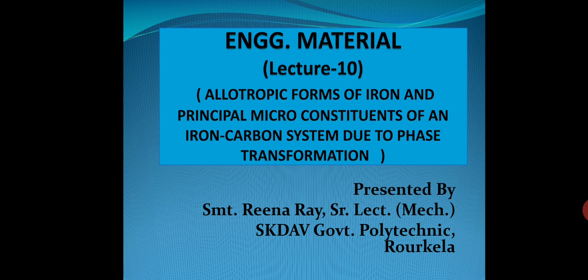What is an allotropic form? A material can exist in many phases, and due to these allotropic forms, various micro-constituents result during phase transformation. We will discuss this because when we discuss the equilibrium diagram of the iron carbon system, these terms are to be understood.